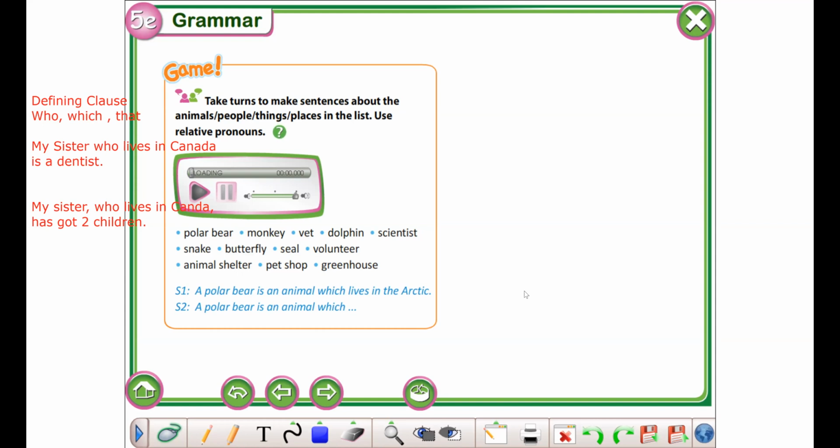Yes, Sami. A volunteer is a person who wants to do something without any payment or any stuff in return. Bravo. Somebody who doesn't want to be paid for his services. Yes, that's right. Okay, can you describe the word animal shelter, for example?